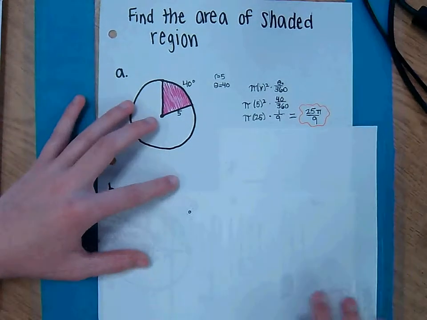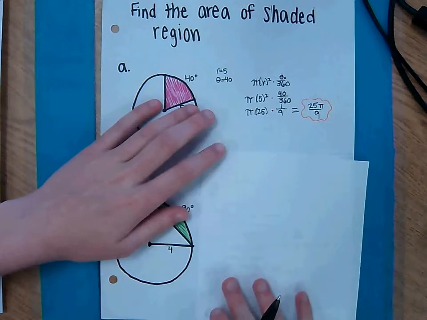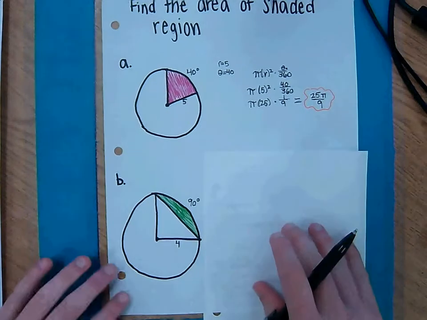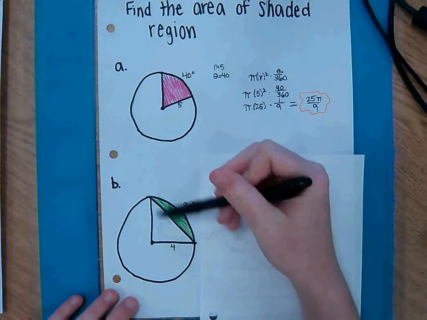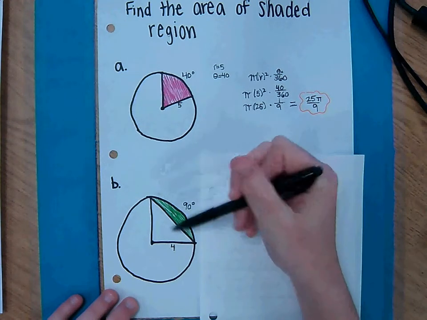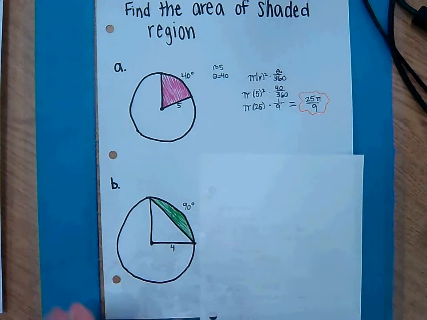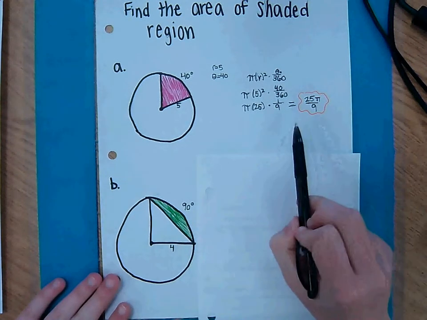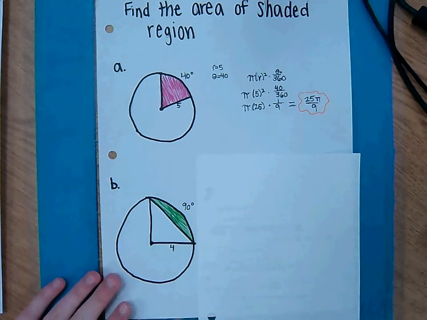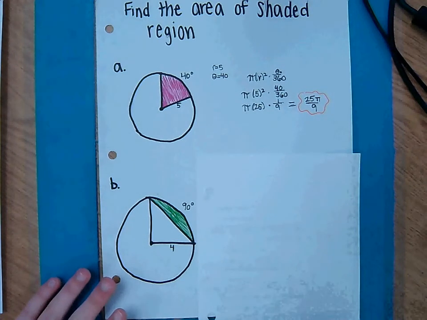This next one looks like this. Now for this, if you wanted the entire part right here, the entire quadrant of the circle, you would just do what we just did up here. But the shaded region is on the outside of the triangle, but inside of the quarter of the circle.